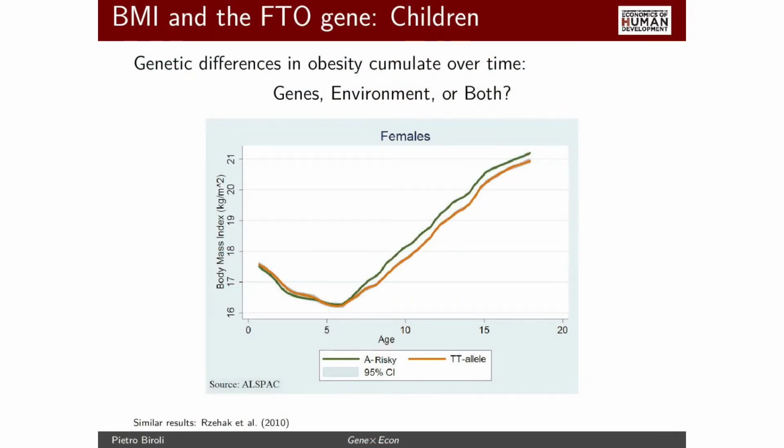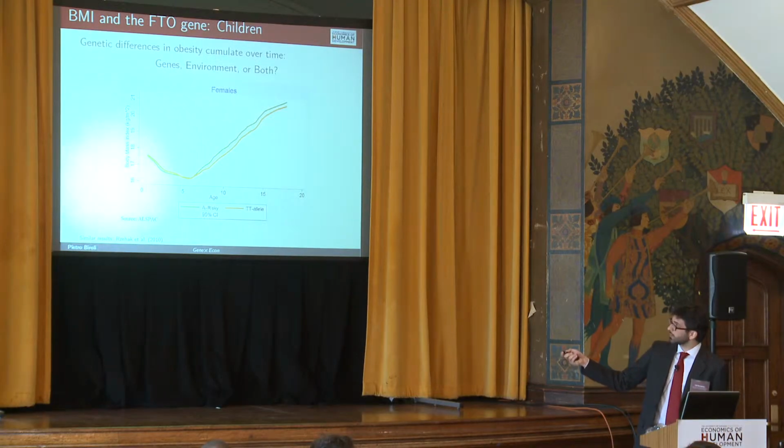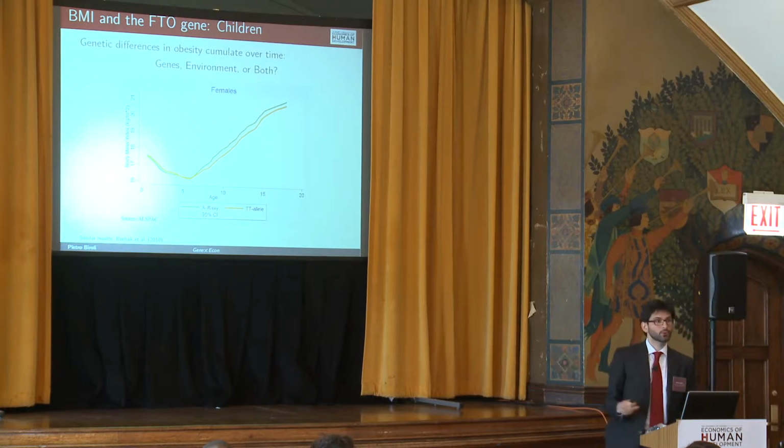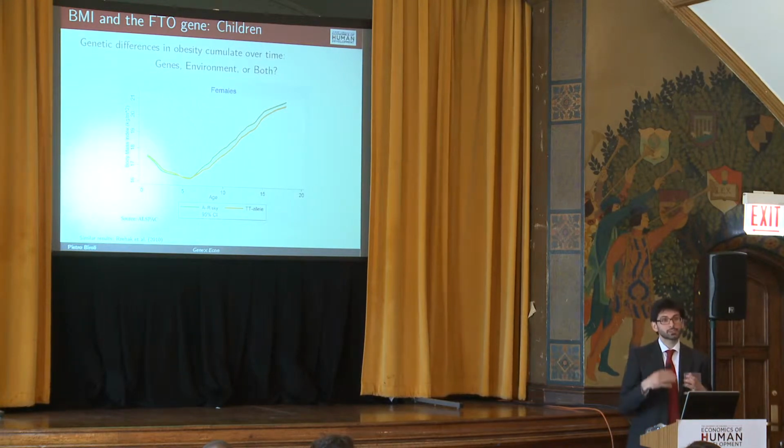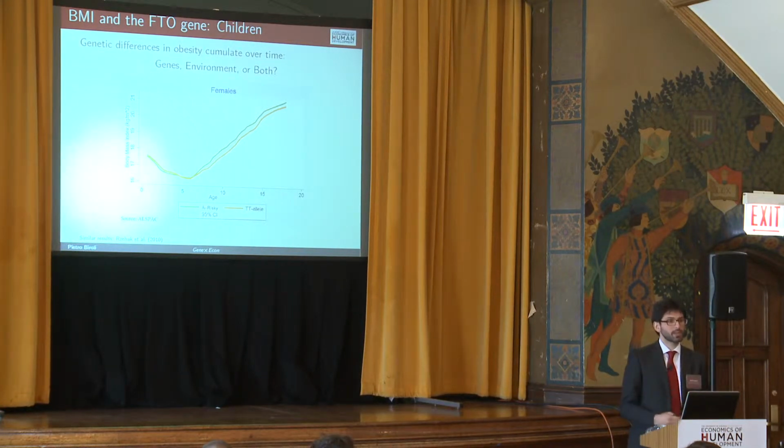Another example can come from looking at children. In this particular case, the source is the ALSPAC dataset, British children who were born in the 1990s and were followed since birth. We can see that in the first 5 years of life, before age 5, there is no significant difference in the average BMI of these children according to their genotype.